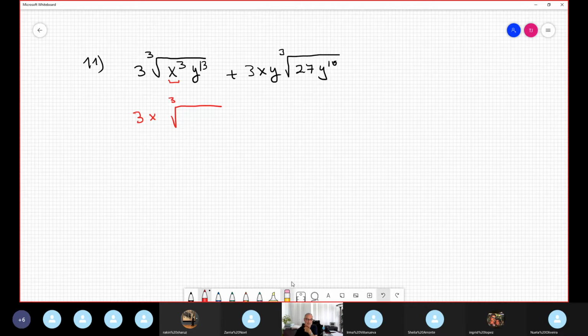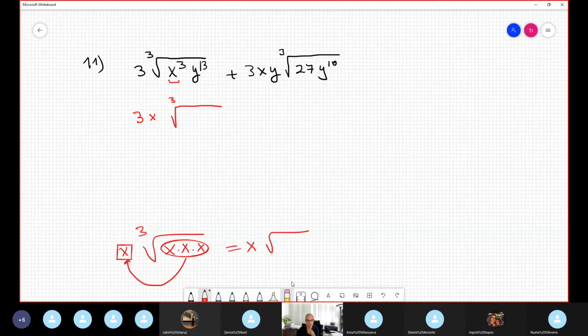Because we have exactly the triple of x that we need to complete the radical. In other words, cubic root of x times x times x. We have the triple of x, and this represents 1x outside. And the answer is x. And here inside we have nothing, just 1, and 1 is invisible. Okay, you delete that part.